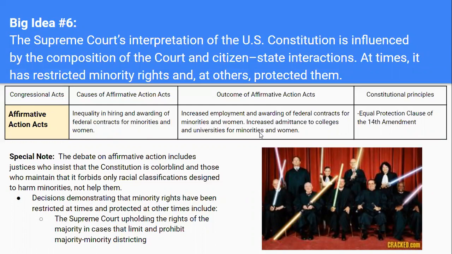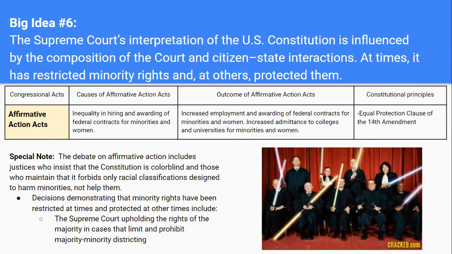We talked about one restriction on this that you might need to know, which is the quota system. The quota system, Bakke versus the Regents of the University of California, a non-required case, held that the use of racial quotas was a violation of the 14th Amendment because it was essentially reverse discrimination.